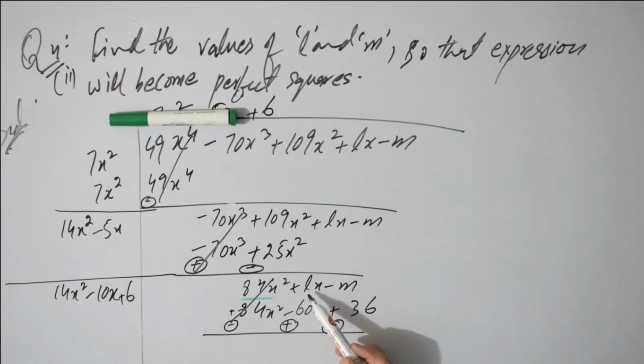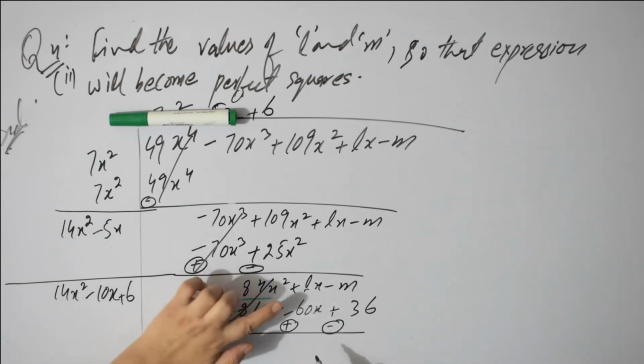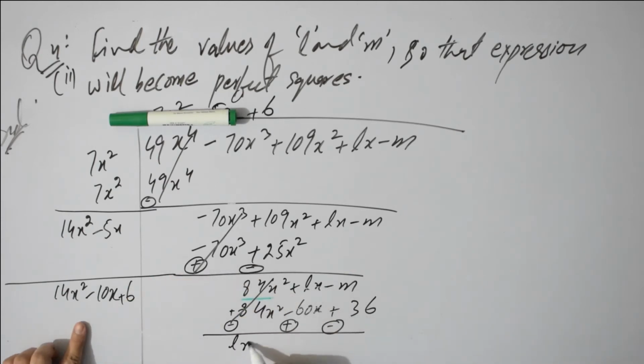Okay, now you cannot subtract this l from 60 and the same m from 36, because these l and m are unknown. So you will write, and you will always start writing from this expression, whatever is written on top. So what is left? lx, this is plus 60x, minus m minus 36.